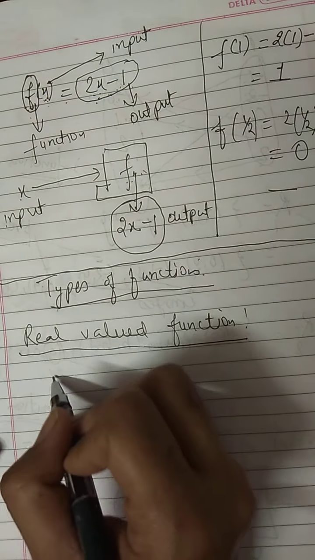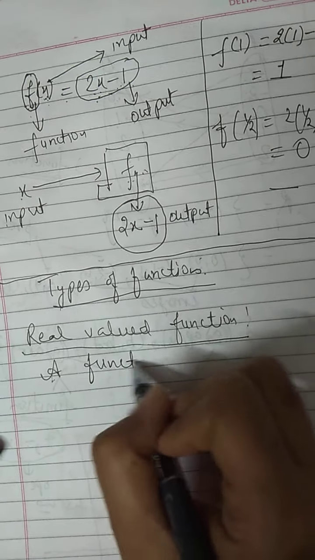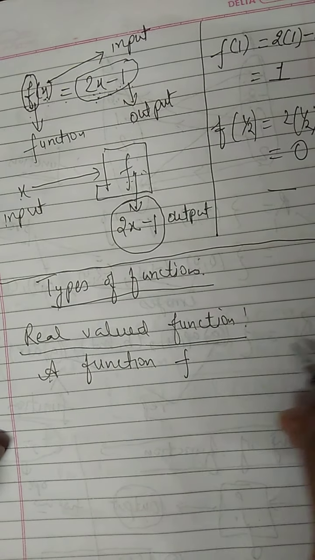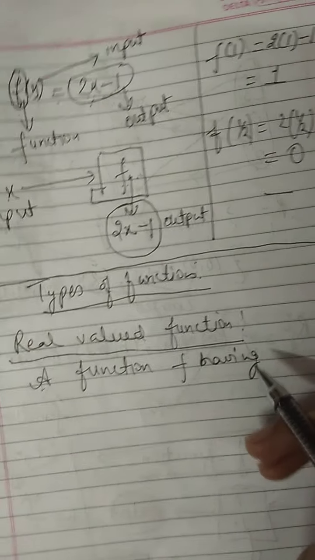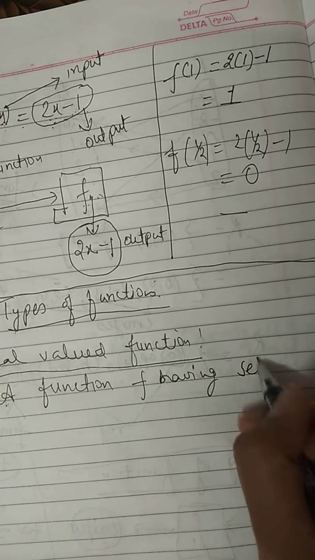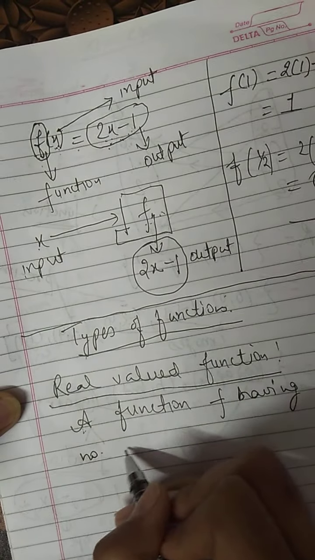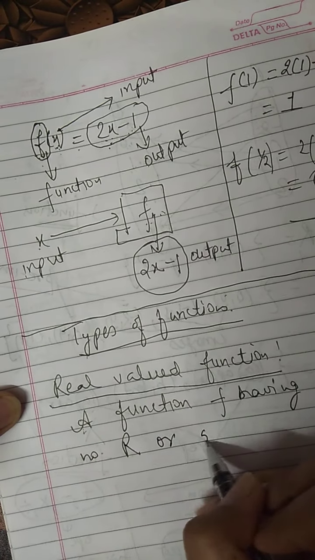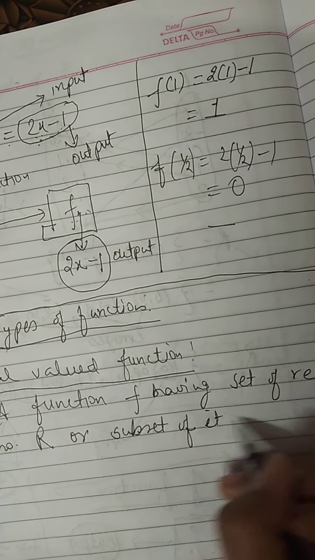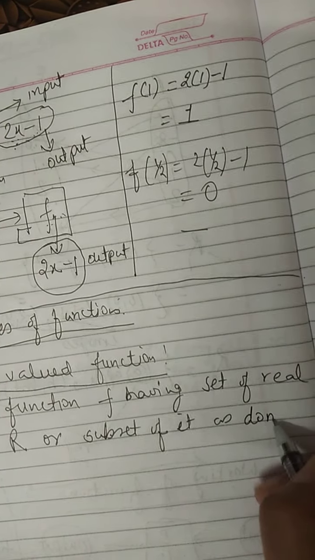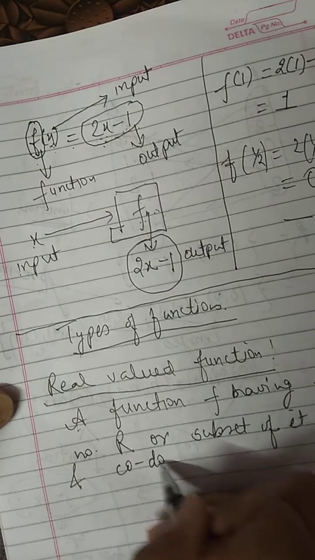So we will write down a function f having the set of real numbers, or a subset of it, as domain as well as codomain.